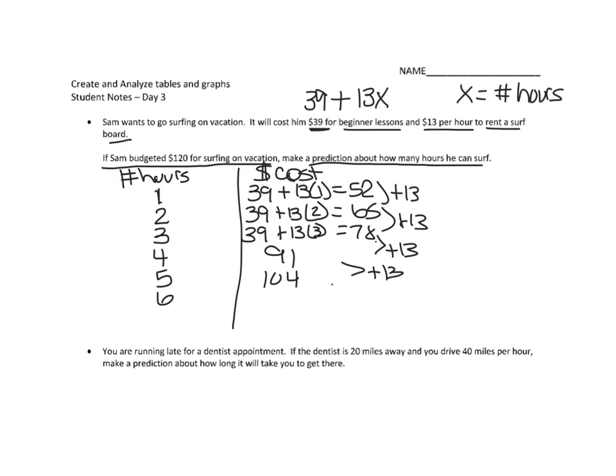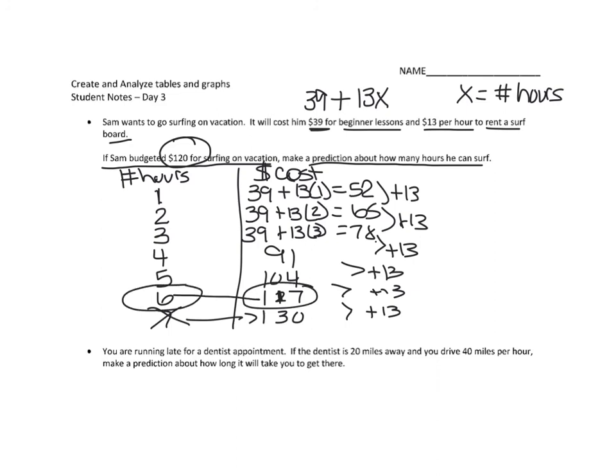6 hours plus 13 would be 117. And 7 hours would be 130. Now, he only has a budget for 120. Can he do 7 hours? No, because that's going to be $130. 6 hours is 117. So the most he can go is 6 hours.